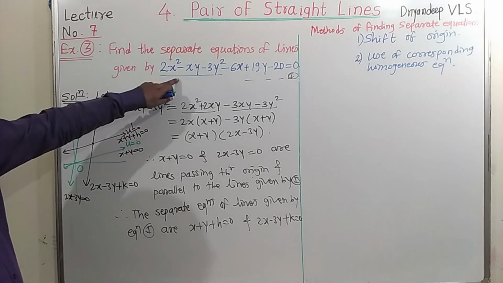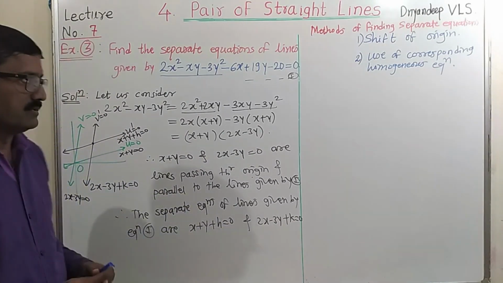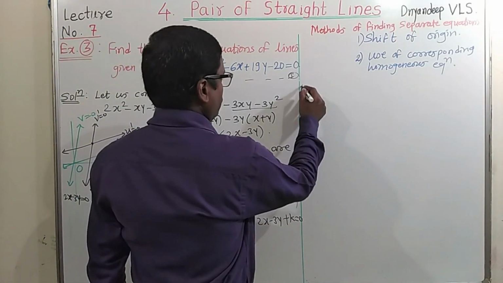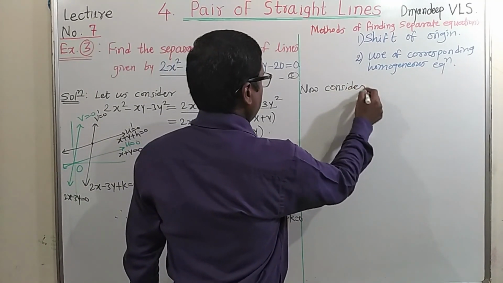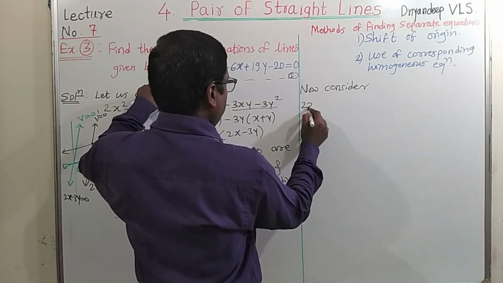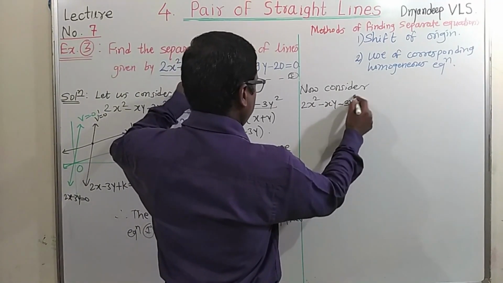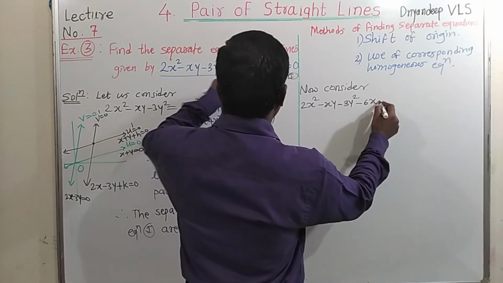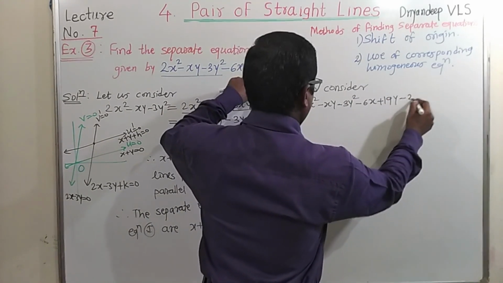Now we can write this equation as the product of these two equations. So consider this expression, that is 2x square minus xy minus 3y square minus 6x plus 19y minus 20.